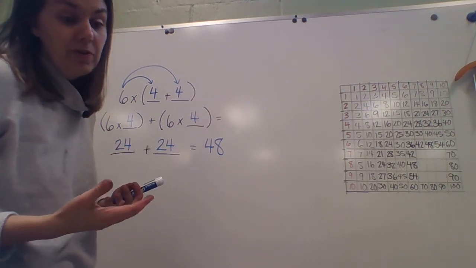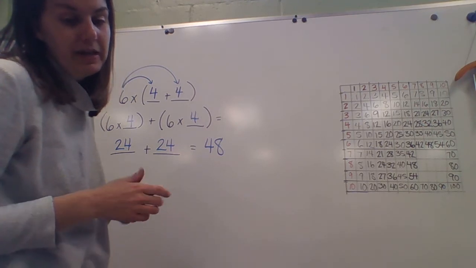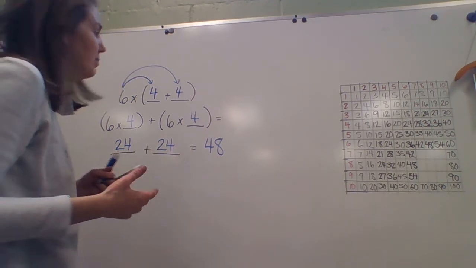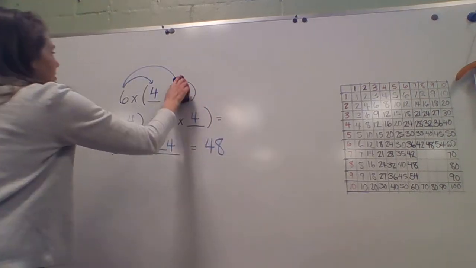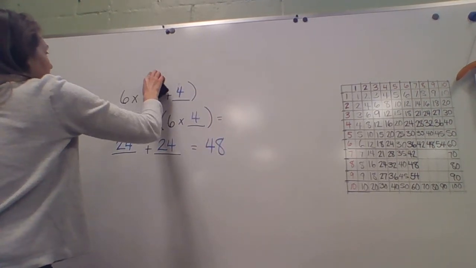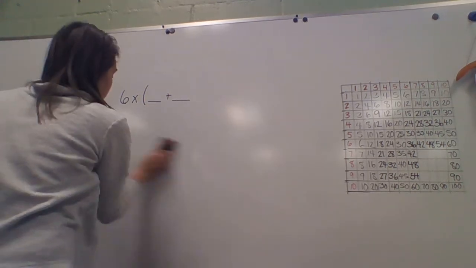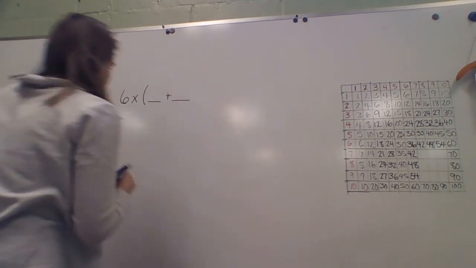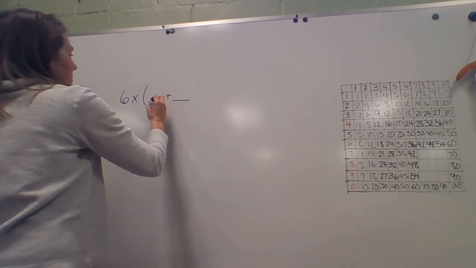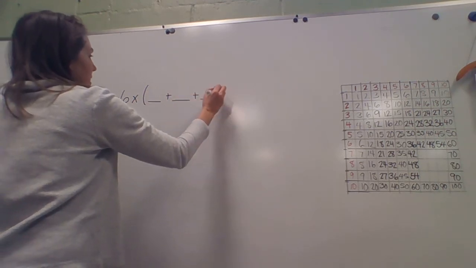Number 3 says look at the second model and fill in the blanks to show how the factor 8 is broken apart. So now this one, we're breaking it apart even more. Instead of just breaking it into 2 numbers, we're saying 6 times blank plus blank plus blank plus blank.